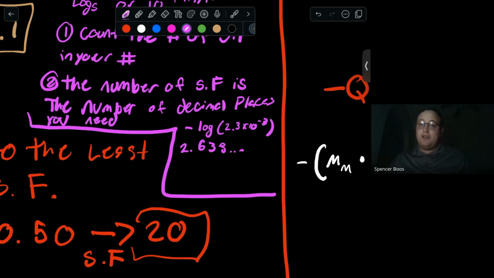But because we've got two sig figs, that means we need two decimal places, 2.64, and that would be our final answer.